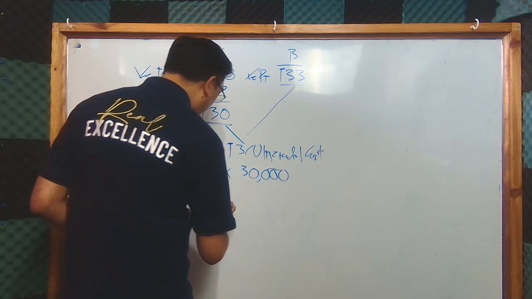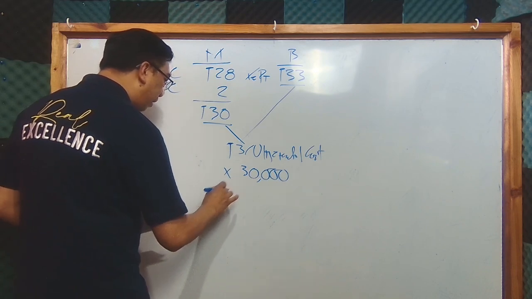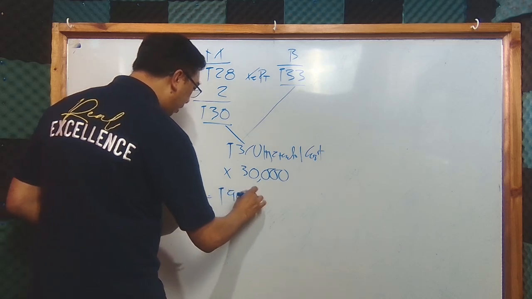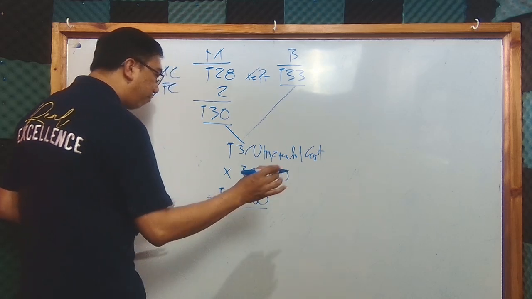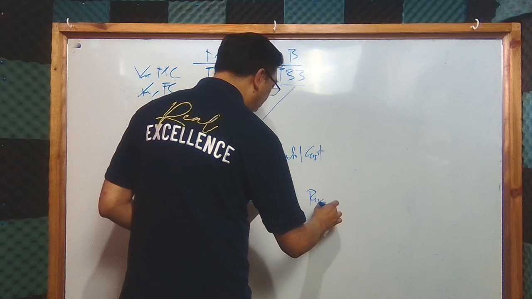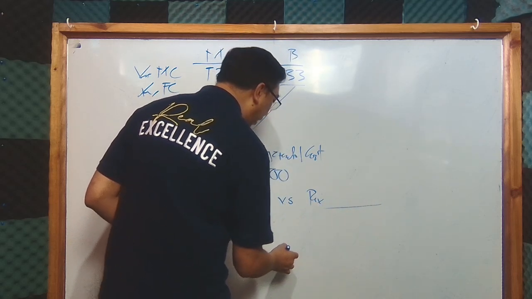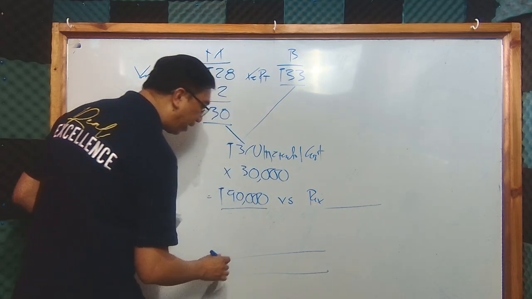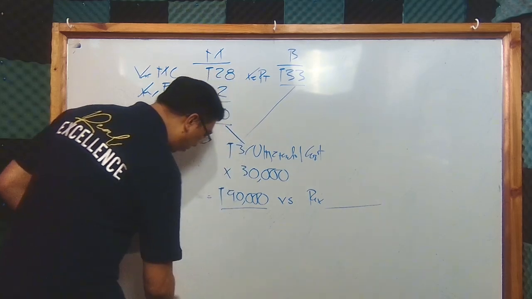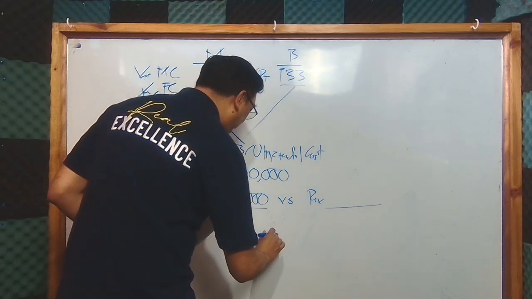So how much should be the total incremental cost? Ang total incremental cost natin, class, is 90,000. Ayon. Versus the incremental revenue, which is now the rent, no? And the company wants to have a net benefit. Magkano daw yung net benefit na gusto nila?